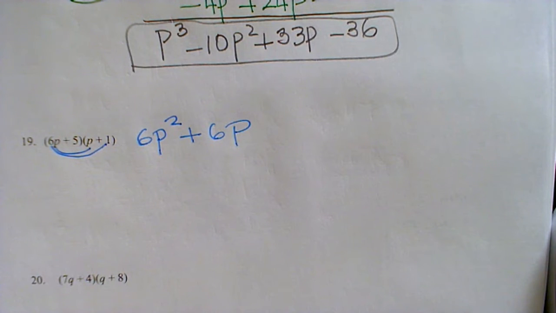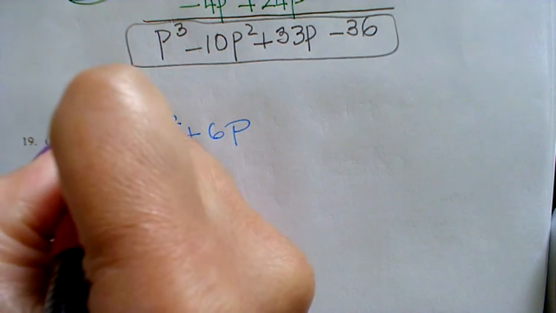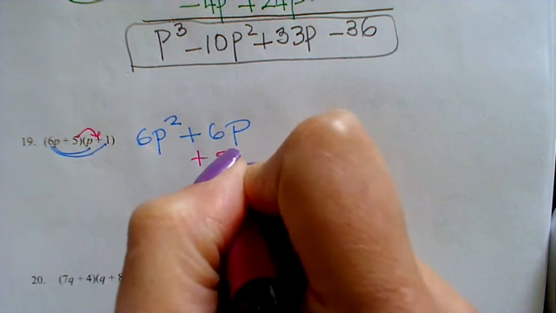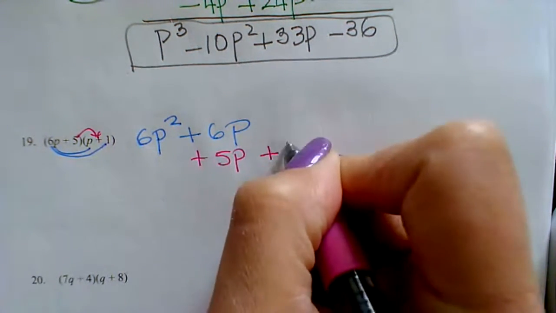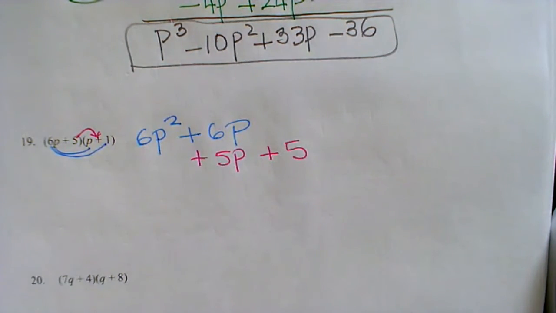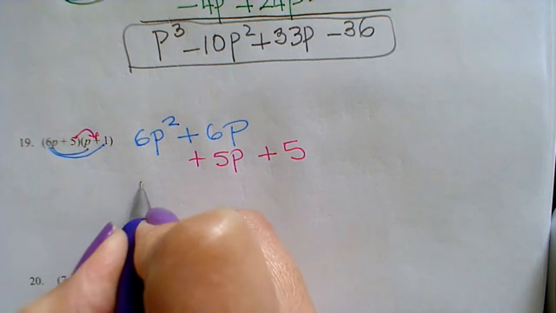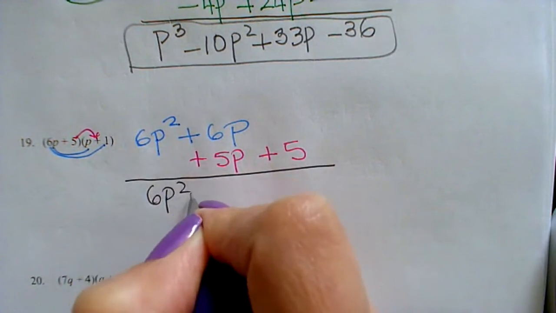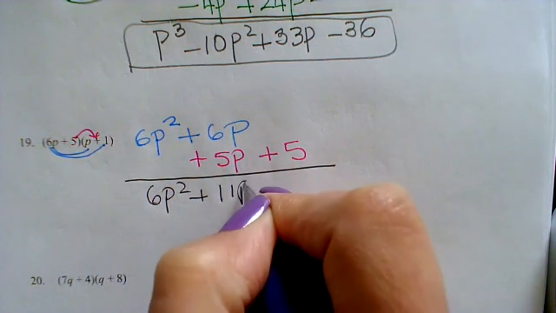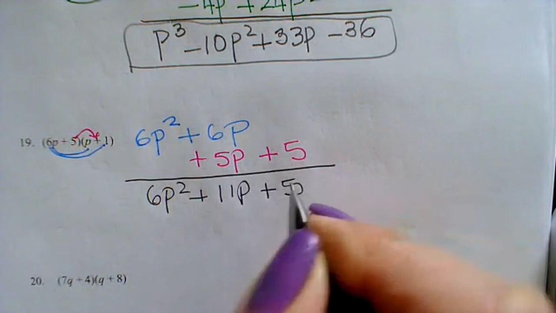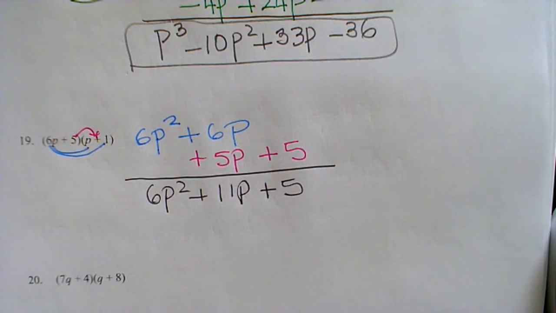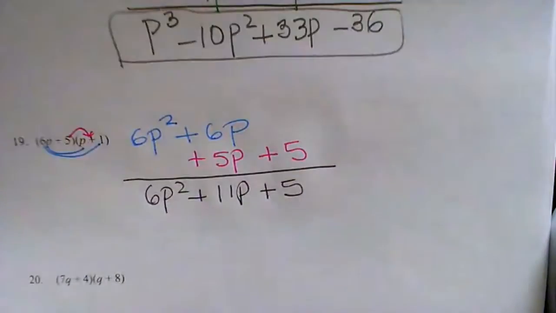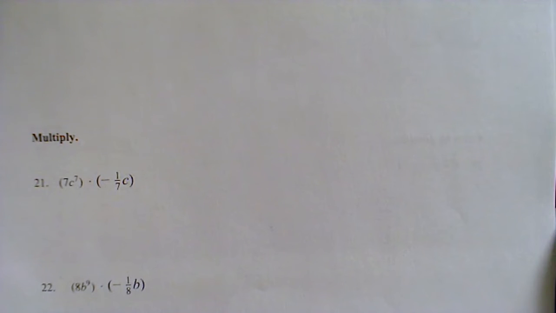The other one is going to be 5p plus 5. All right, so we're going to have 6p squared plus 11p plus 5. Binomial by a binomial.